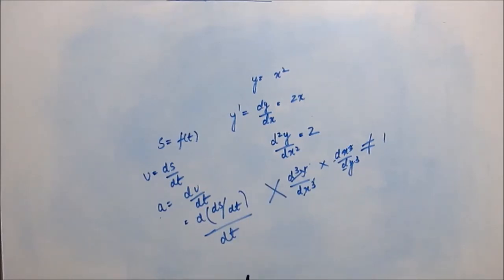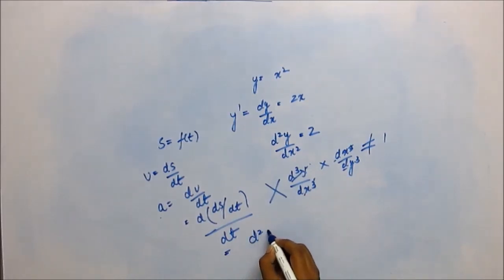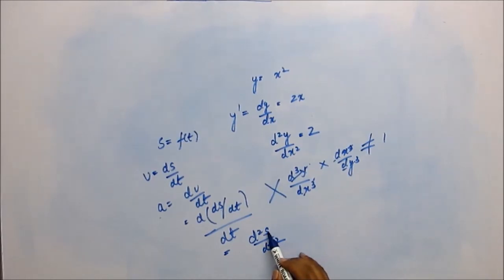Now this means you are differentiating s with respect to t first. Whatever you are getting, you are again differentiating that with respect to time for the second time. So this effectively is d square s by dt square. That's the representation. This is how we represent it. This is the symbol for differentiation of s with respect to t.